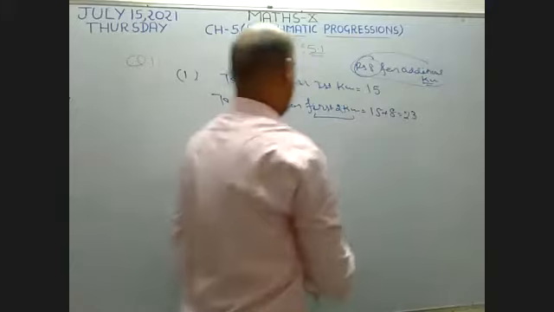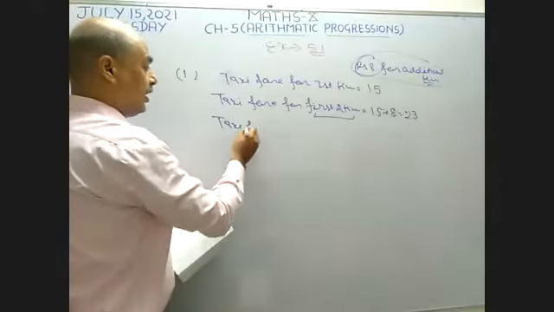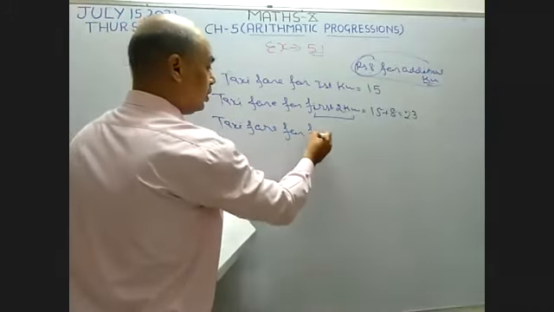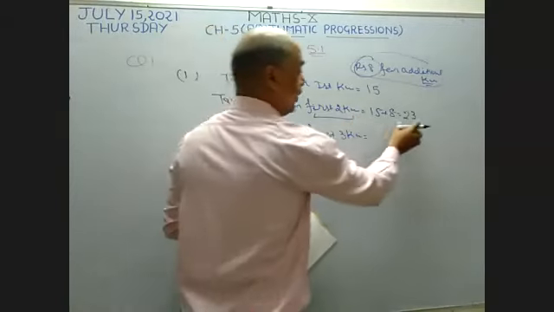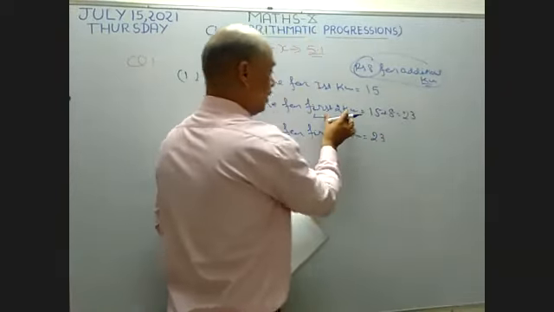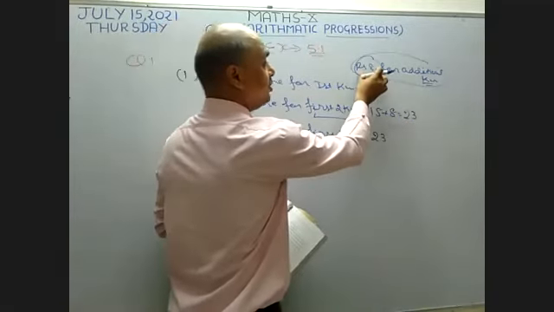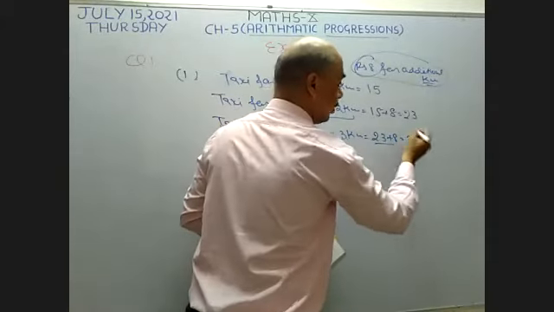23. Now I write here taxi fare for the first 3 kilometers. The first 2 kilometers fare is rupees 23. For the additional kilometer, he is going to pay rupees 8 again. So this becomes 31 rupees.